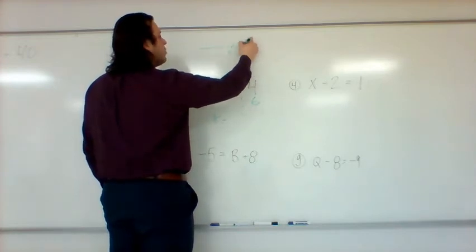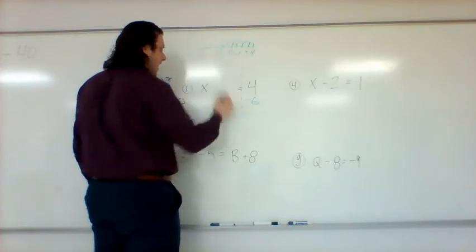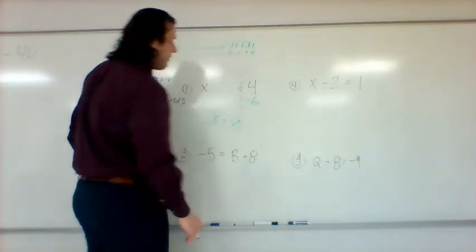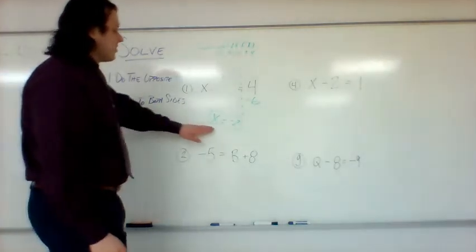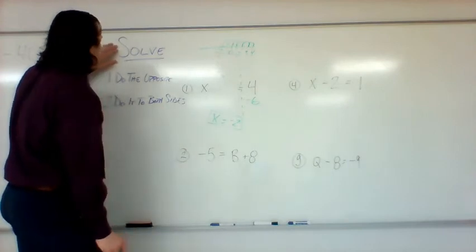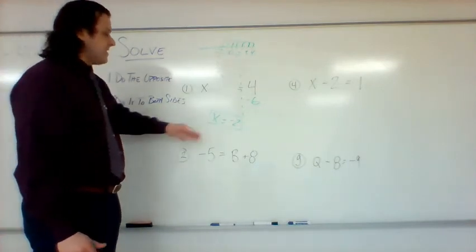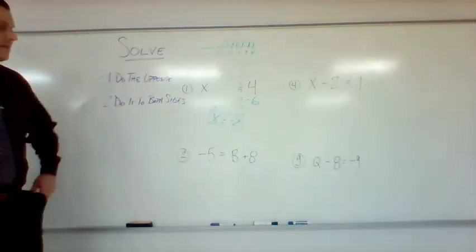So left 1, 2, 3, 4, 5, and 6. It looks like x is equal to -2. So 4 minus 6 gives us -2. And remember, the definition of solving means the variable is by itself. This x is by itself now. There's nothing over here with it.